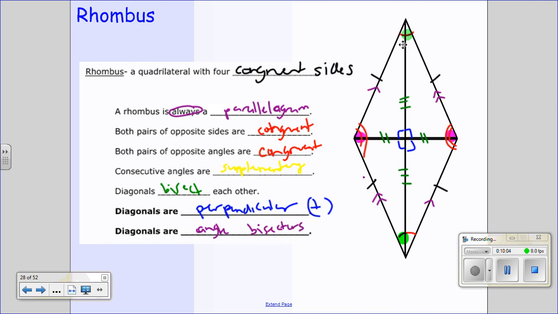So the diagonals split these corners into equal angles.